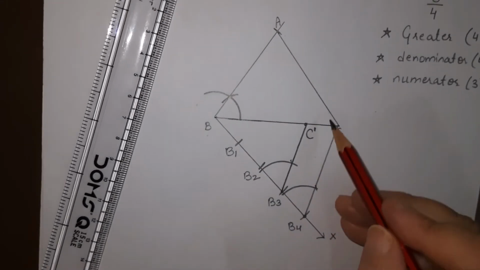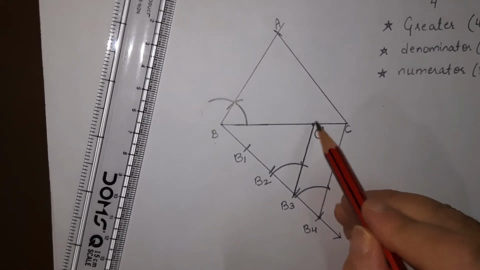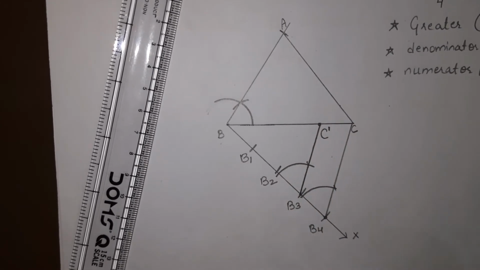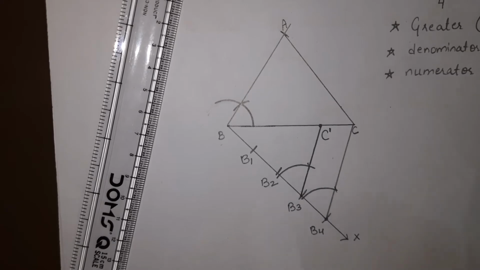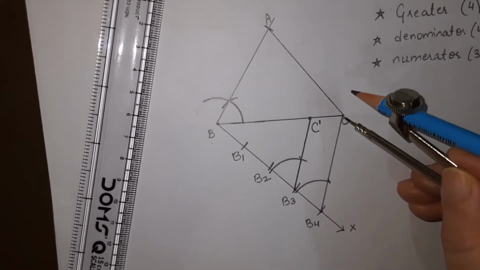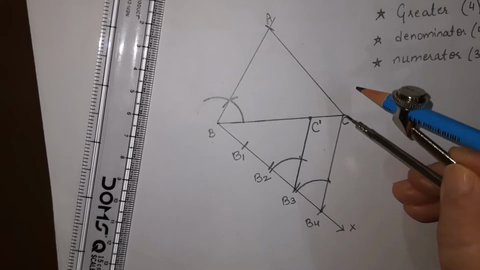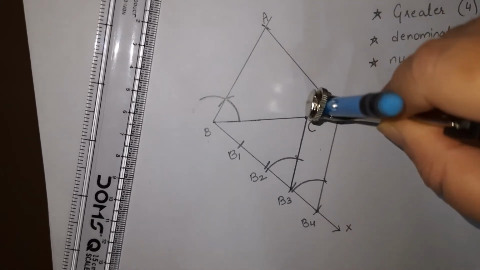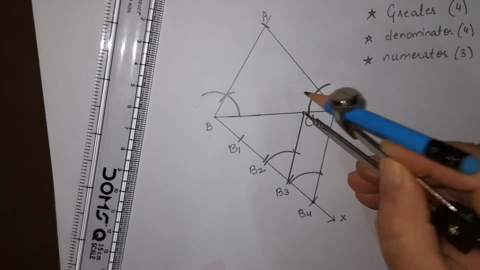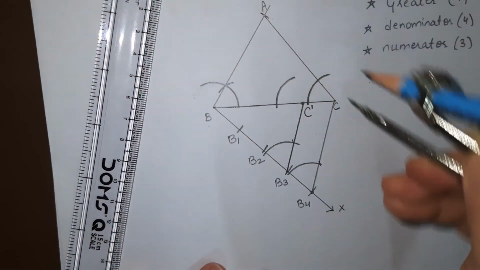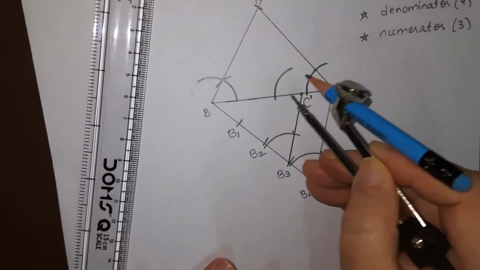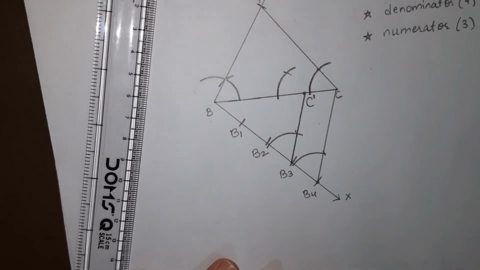Now the next thing is that through C dash we will draw a line which is parallel to AC. Again let us make the corresponding angles equal. When corresponding angles are equal, lines are parallel. So we have to make equal angles at C and C dash. It is like this, and it is to be drawn like this.